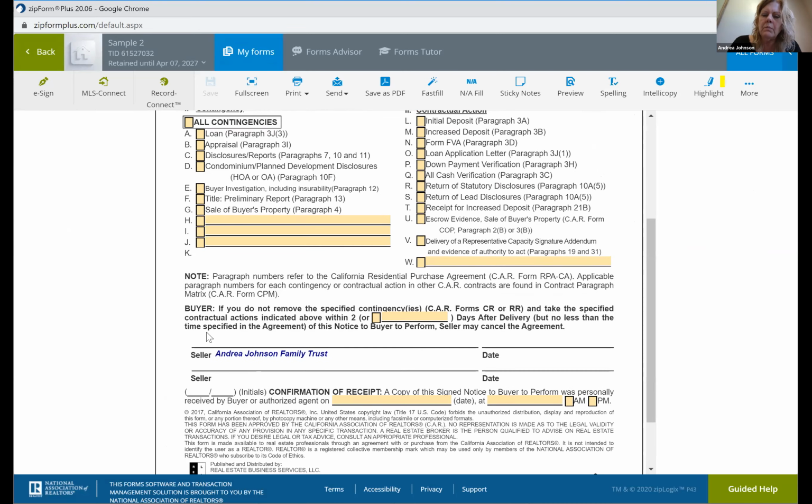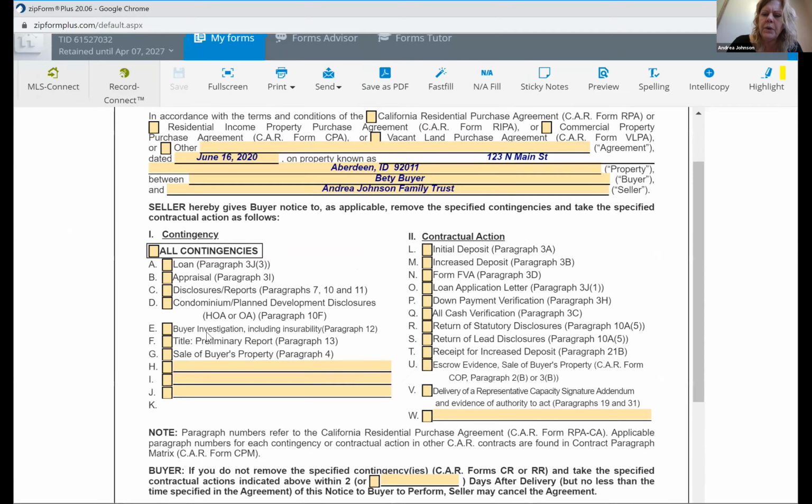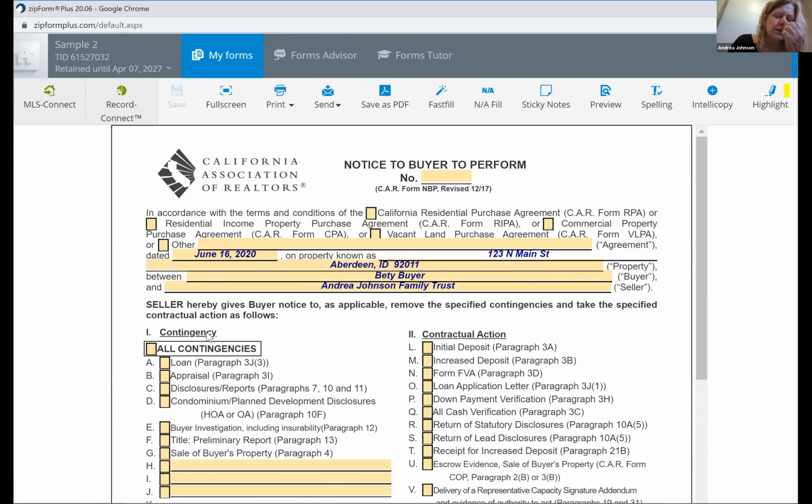Something that may be obvious to those with experience who are participating, but I frequently get it from agents who don't have experience. When you see a particular form come up, like we just saw, there were 3 notices to buyer to perform. I'll frequently get from newer agents a question, which one do I use? They're all the same. They're duplicates.